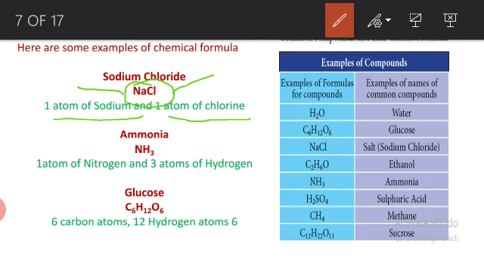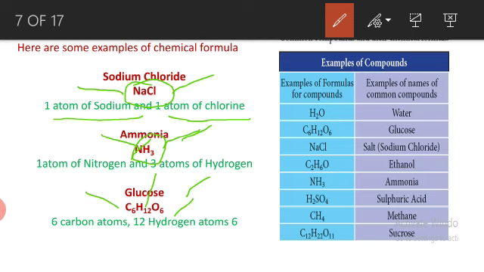Here you see ammonia, NH3. Here 1 atom of nitrogen and 3 atoms of hydrogen. Here glucose, C6H12O6. How many carbon? 6 carbon, 12 hydrogen, 6 oxygen. Right. This is the chemical formula.